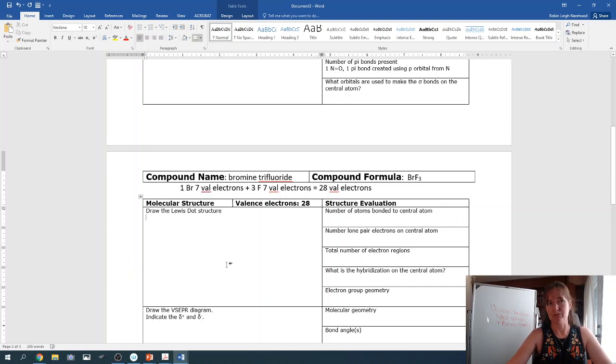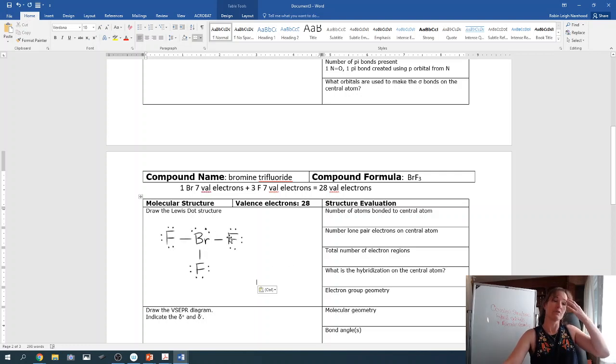Again, I'm not going to be able to draw it with my drawing tool, so I'm just going to go ahead and paste the structure here, and I'll discuss it. So the first thing you do is you put the bromine and the 3 fluorines, so that you have all of the atoms present.